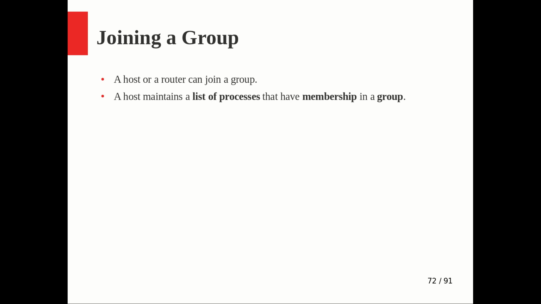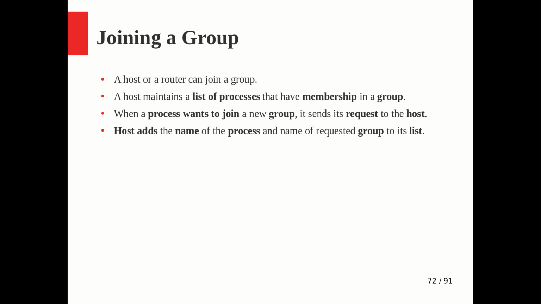A host maintains a list of processes that have membership in the group. When a process wants to join a new group, it sends that request, by means of the membership report. So the host adds the name of the process which wishes to be part of the group, and the name of the requested group, to the list.